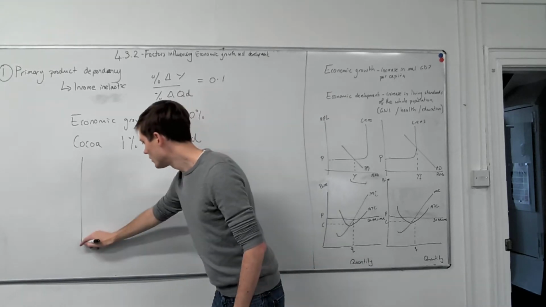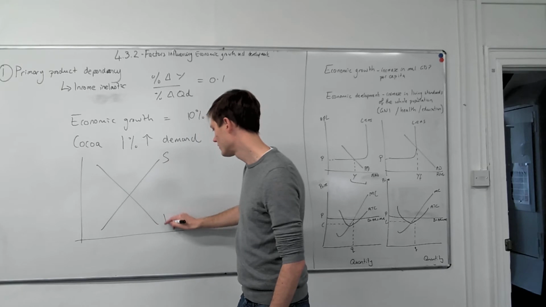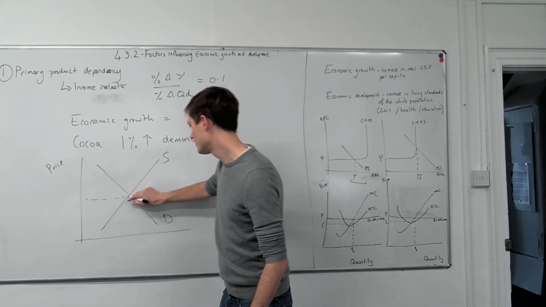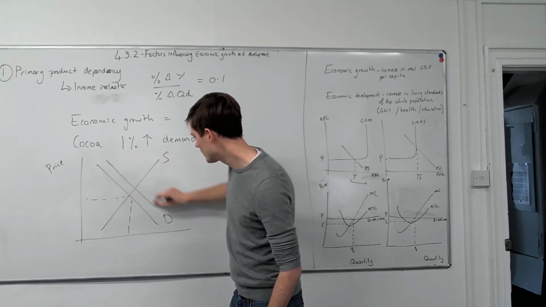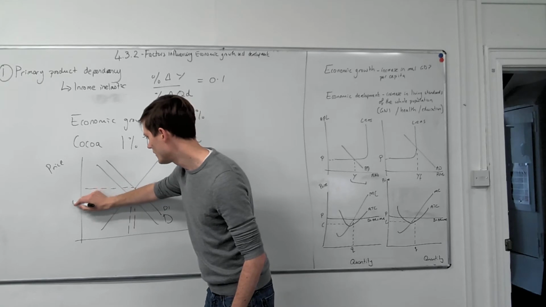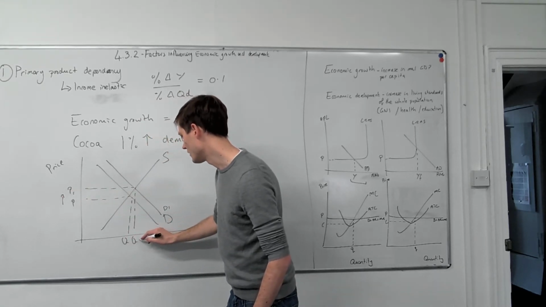You're also likely to see a limited increase in the price of these products. Say, for example, this is the price of cocoa. You're going to see over time very limited increases in the demand for these products, and therefore the prices of those products will rise at a relatively low rate.